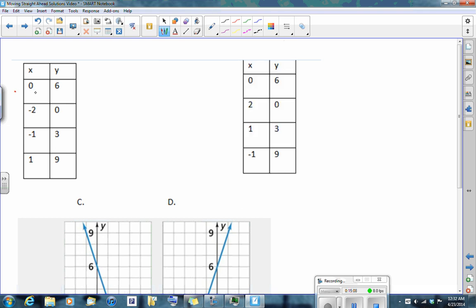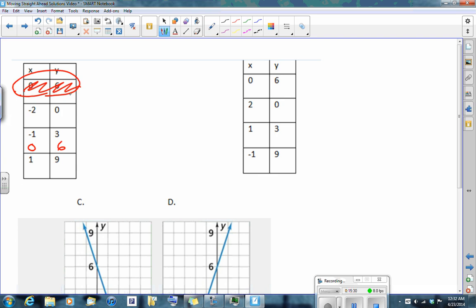They stuck in this x. You can see it's -2, -1, 1. Really, these, and you can write it if you want, I would just write it in here. 0, 6. So the order is correct. -2, -1, 0, 1.